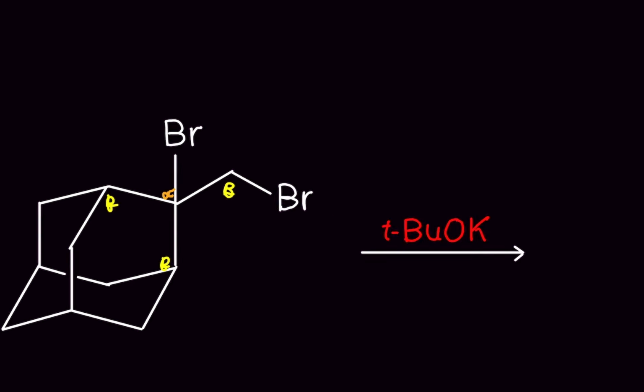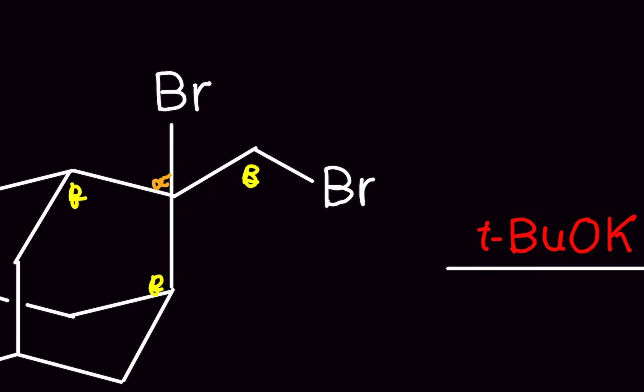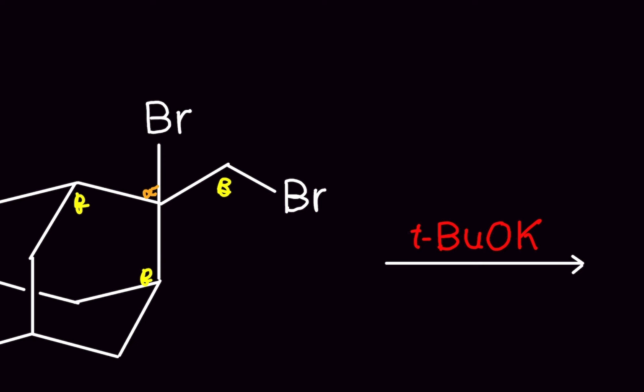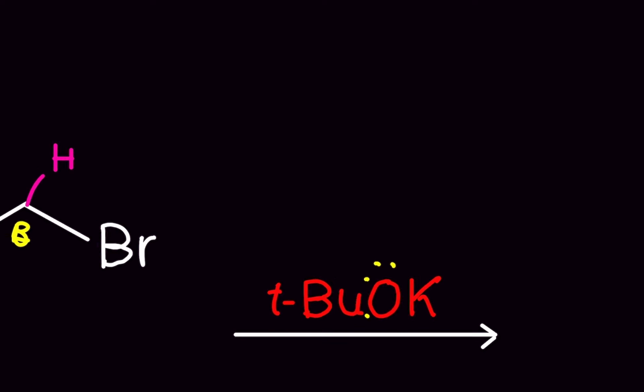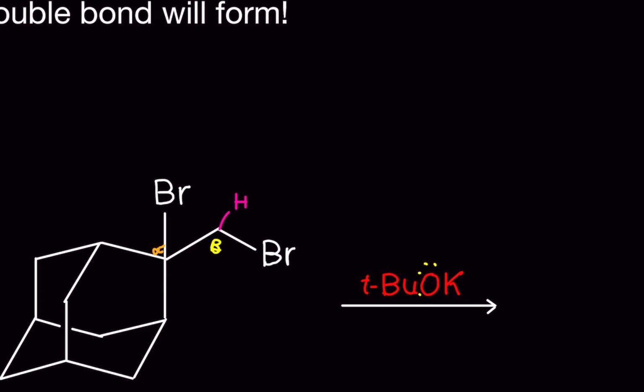So what's going to happen is this beta carbon is going to participate, but these cannot. The base kidnaps the proton.